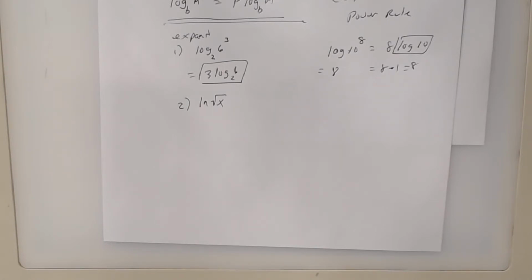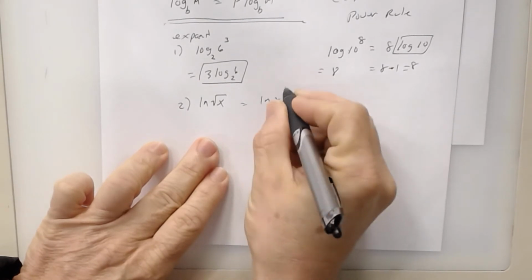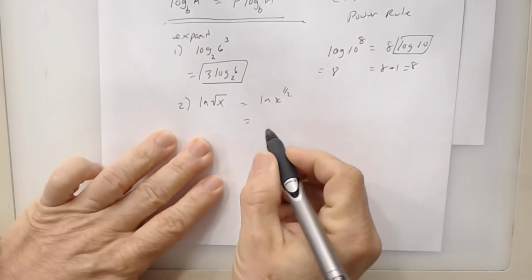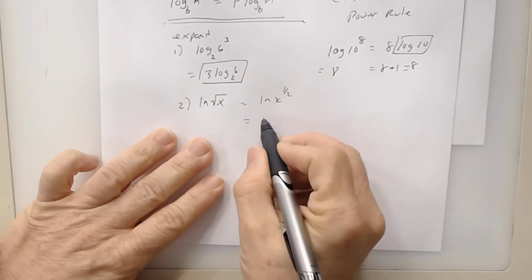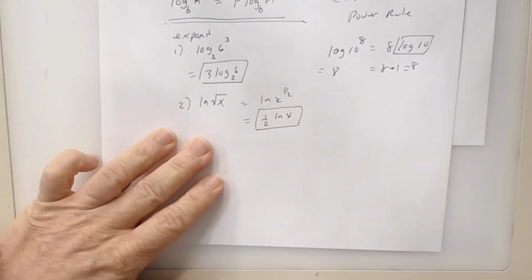Remember we talked about radicals yesterday and changing them to exponents. So the square root of x is x to what power? 1/2. So first of all, write this as the natural log of x to the 1/2, and now you can use the power rule. What's the answer? 1/2 ln x, the natural log of x. That's your answer.